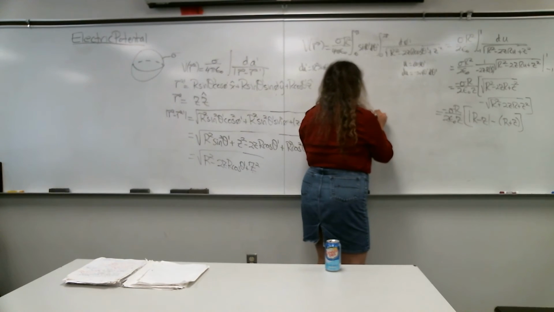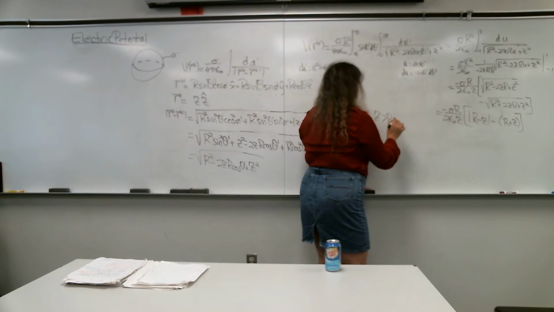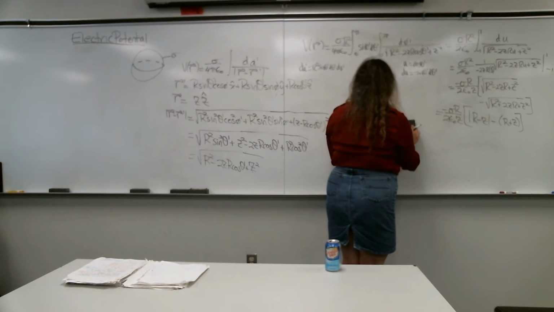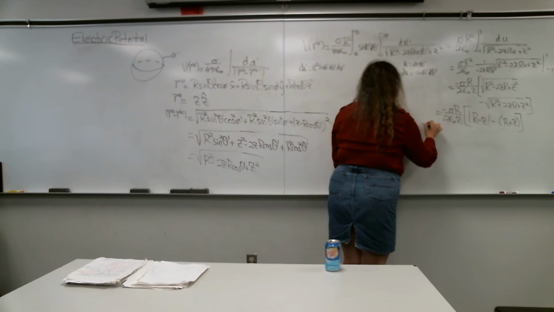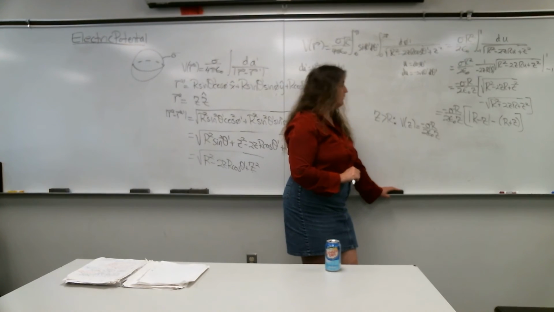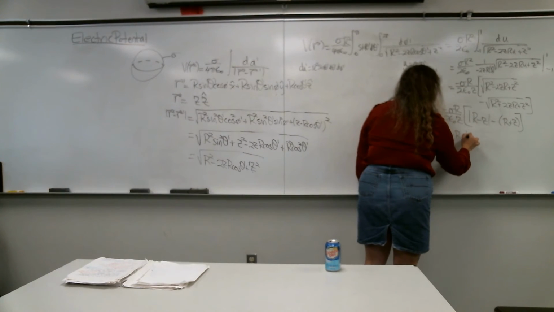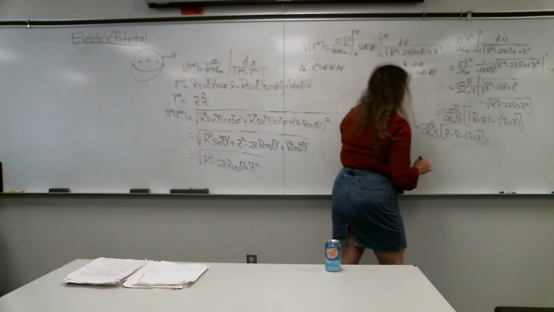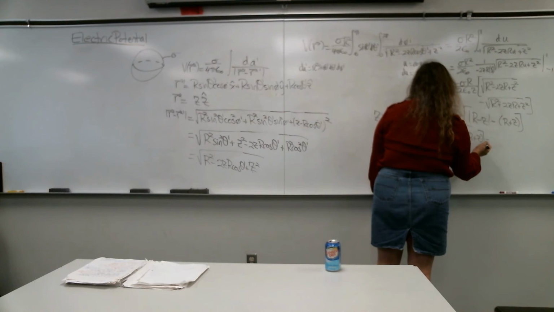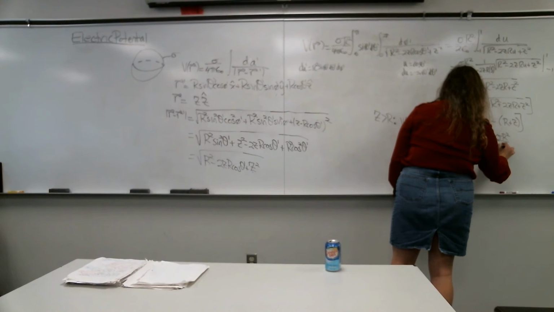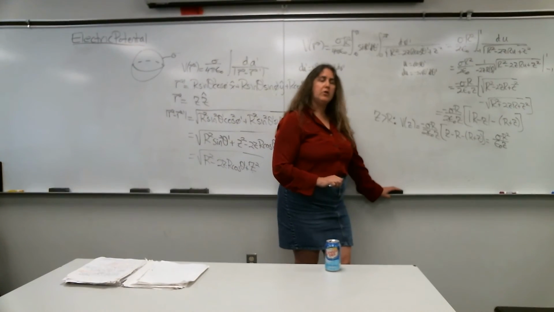So in the event that we are outside the sphere, z is greater than r, I have my minus sigma r over 2 epsilon naught z, and this would be z minus r plus z. And that gives me sigma r squared over epsilon naught z.